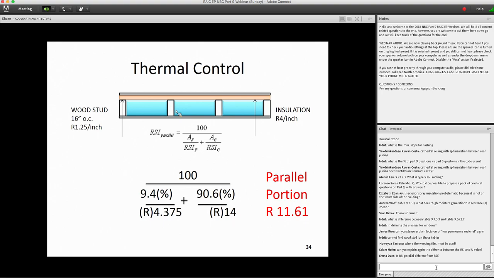Let's say because of constructability, in many cases the air barrier is better to be used on the outside, so you avoid all the joists on the inside. So you decide for whatever reason that you want the air barrier to be on the outside, so you can be very continuous and not have any joists on the interior to intercept it.